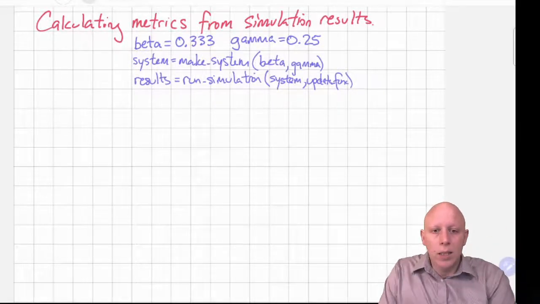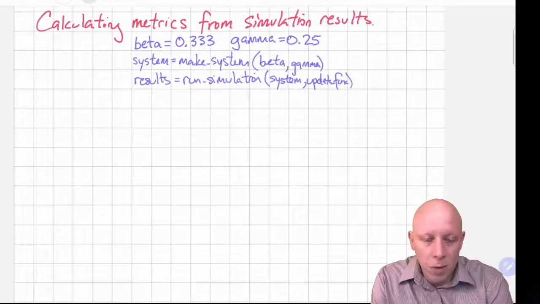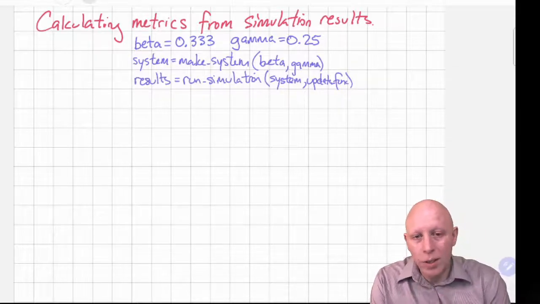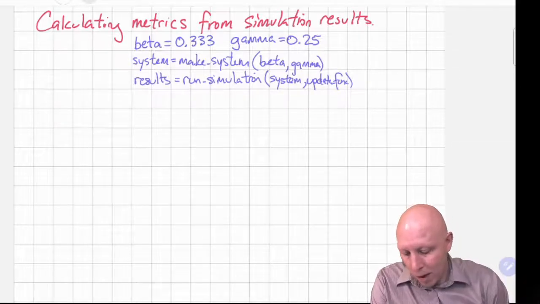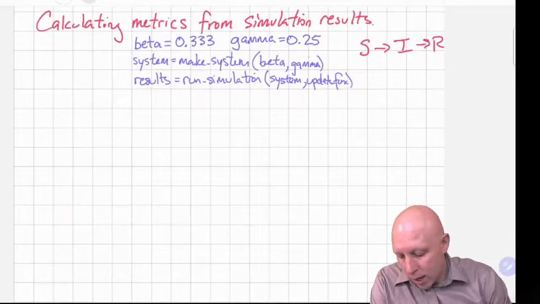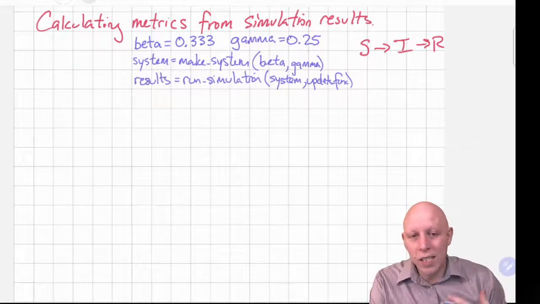Hey, welcome back. Last time we were talking about cleaning up our run simulation function, and now we're at a place where we've got our simulation working. We're now able to simulate an SIR model, and we've made our code really nice and tight.